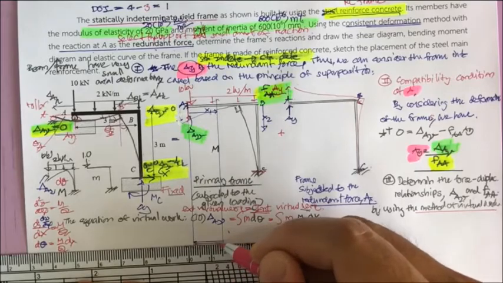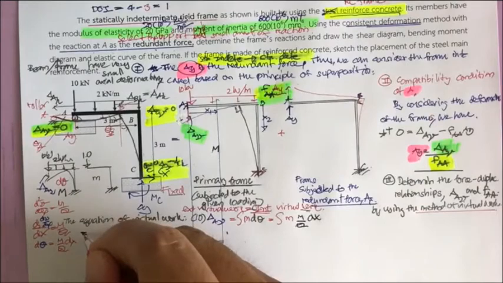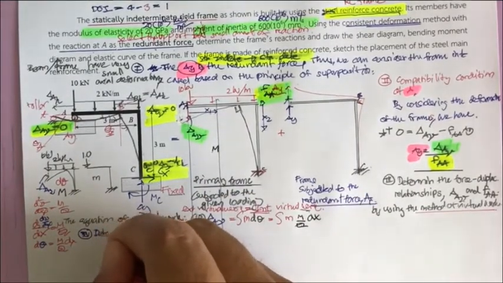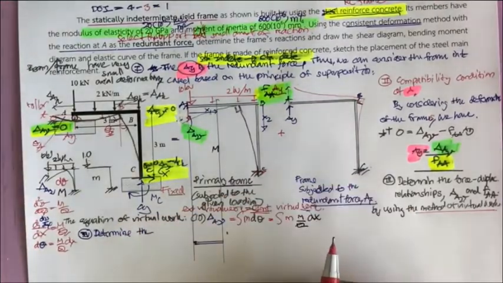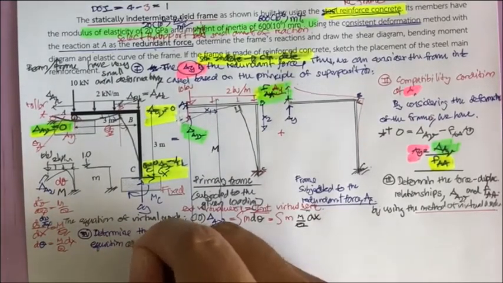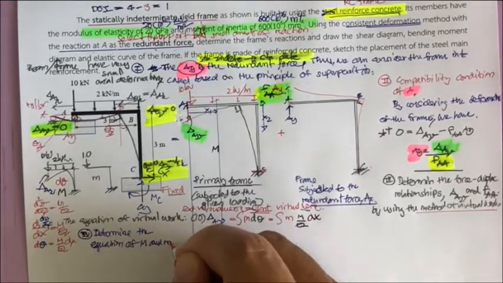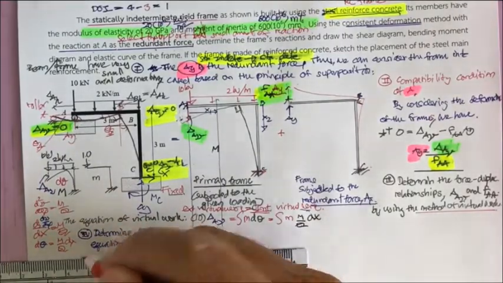to determine the moment equation. So what we actually need to do, we've got to determine the equation of big M and small m. Based on this we do two things.